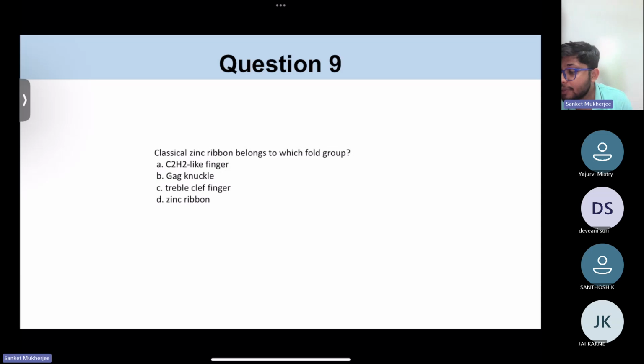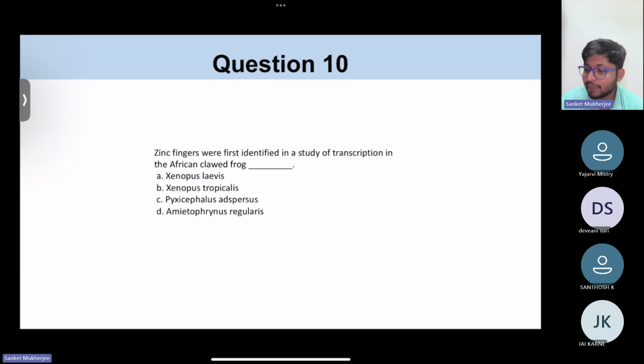Classical zinc ribbon belongs to which fold group? C2H2 type, gag knuckle, treble clef, or zinc ribbon? Any answers? It belongs to the zinc ribbon group only.